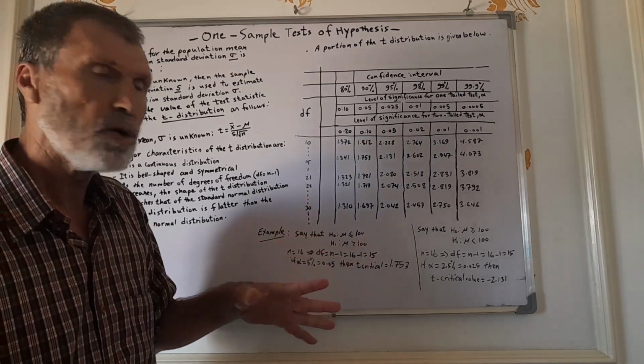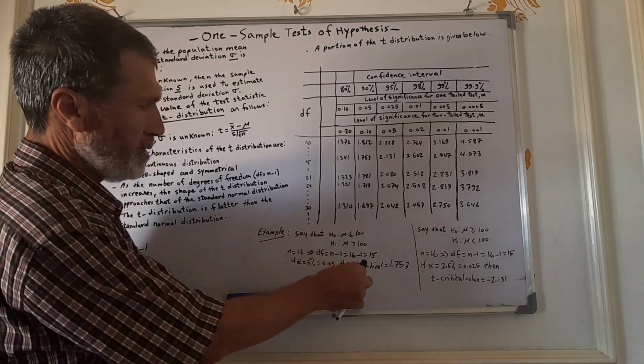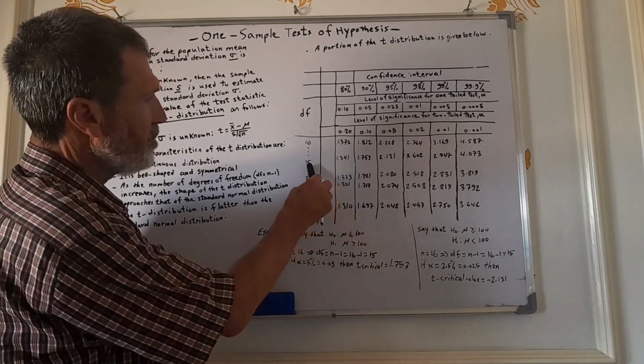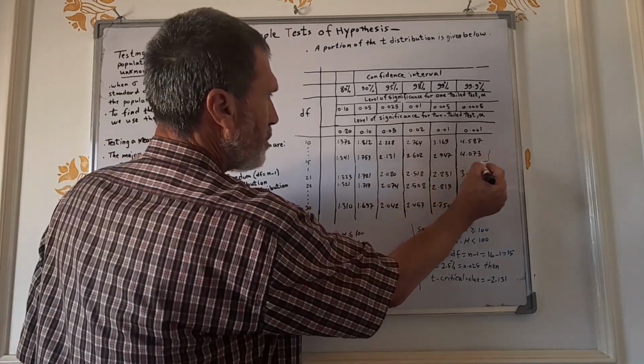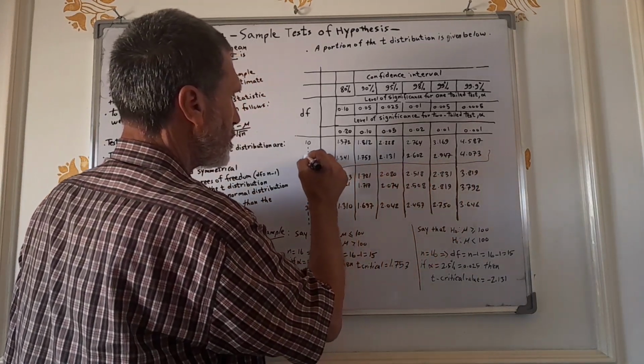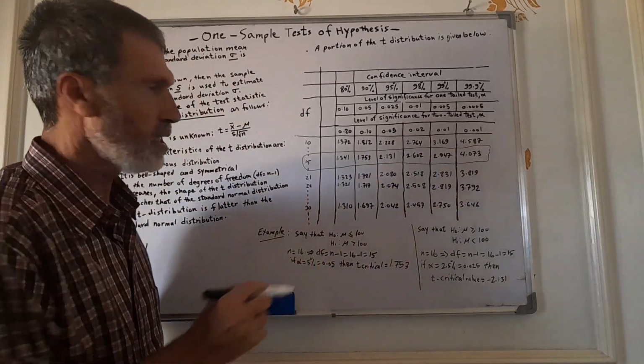So now we locate the row with the appropriate degrees of freedom, 15. This is 15 here. This is the row that we are looking for, the row with the appropriate degrees of freedom, which is 15.